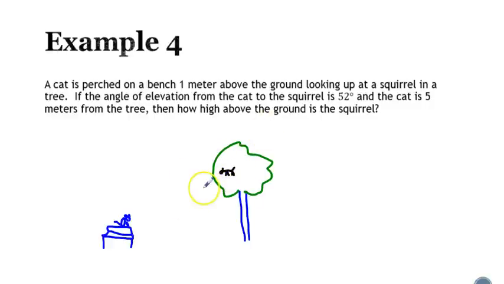So the angle of elevation from the cat to the squirrel, again, since my point of view is coming from the cat, the horizontal line needs to extend from that object. The angle of elevation is 52 degrees.